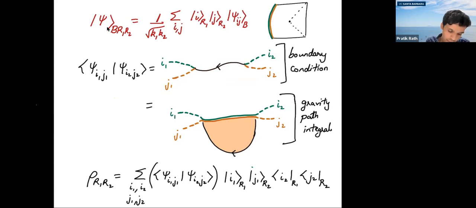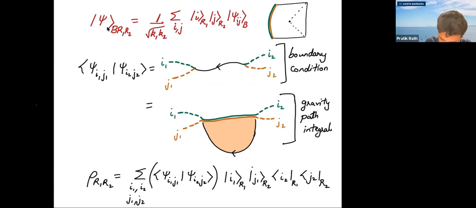So we define these boundary conditions, they compute this overlap, and doing this on the gravity side just corresponds to filling this in with arbitrary geometries. In JT gravity, we understand how to do the path integral, so we can just fill it in with arbitrary geometries of this specific topology in this context.